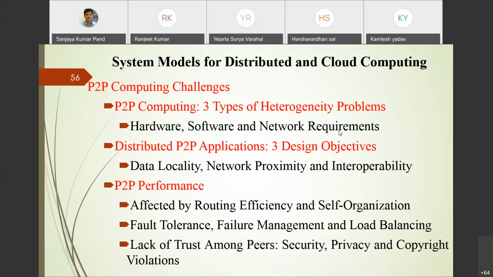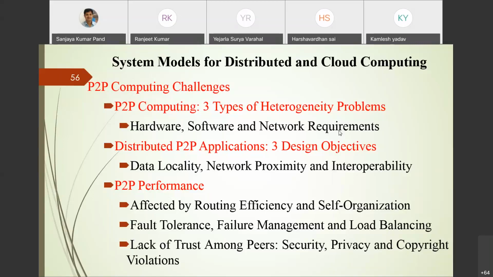If all the computers are connected in close proximity, then interoperability, irrespective of the operating system, you can do your work. You cannot say that this operating system works and another operating system will not work. So P2P performance is affected by conditions.